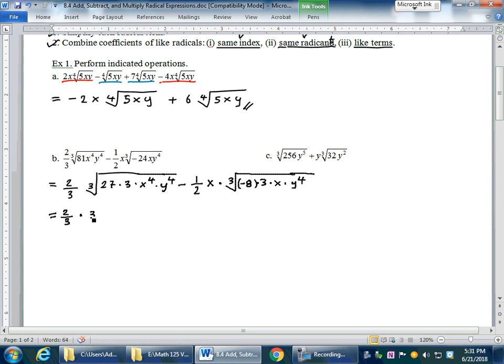The quotient tells you the exponent of the variable outside. The remainder tells you the exponent of the variable inside the radical. So for x to the 4th power, 3 goes into 4 one time, so x comes out. And right away inside, I want to write down what is left over. So the remainder is 1 for the x, so it will be x inside.